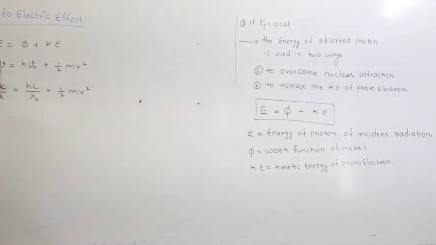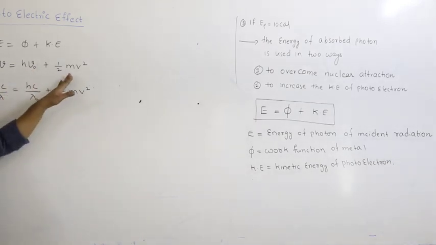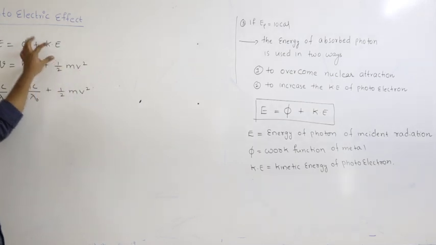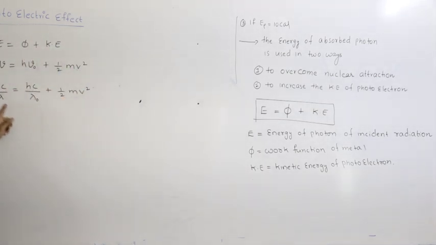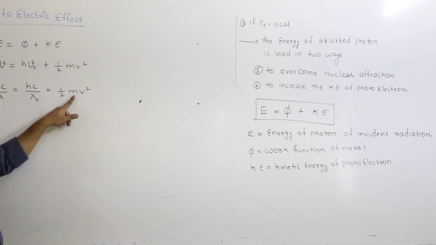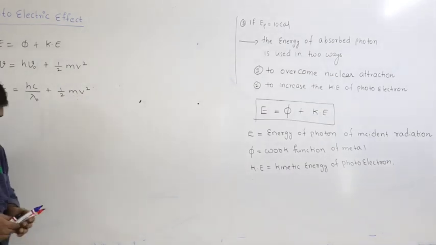That is, this much minimum frequency it must possess, right? This is the kinetic energy of the electron, therefore this is the mass of the electron and velocity of the electron. Wavelength of incident radiation, threshold wavelength, mass of electron, velocity of electron.